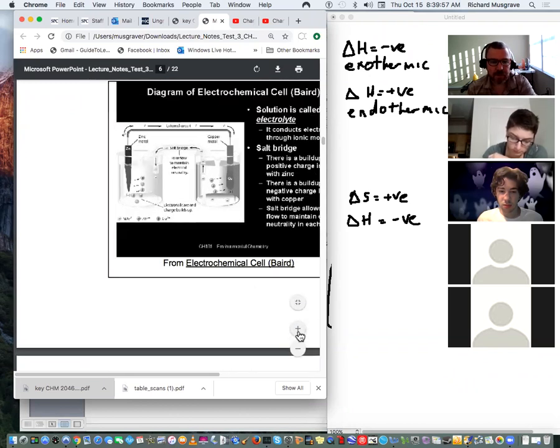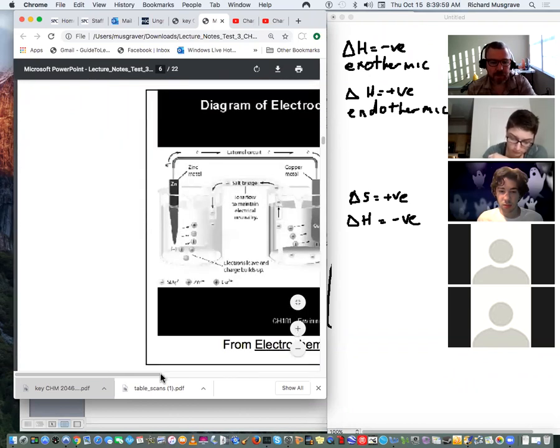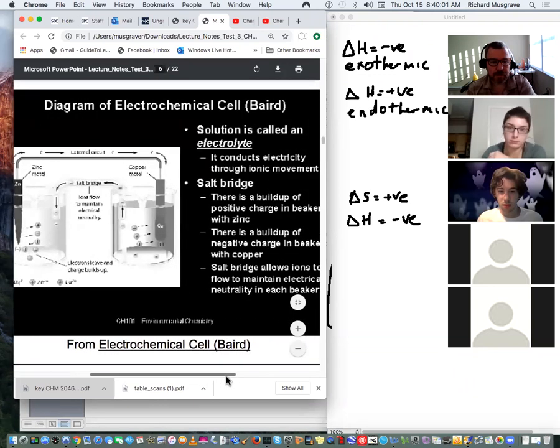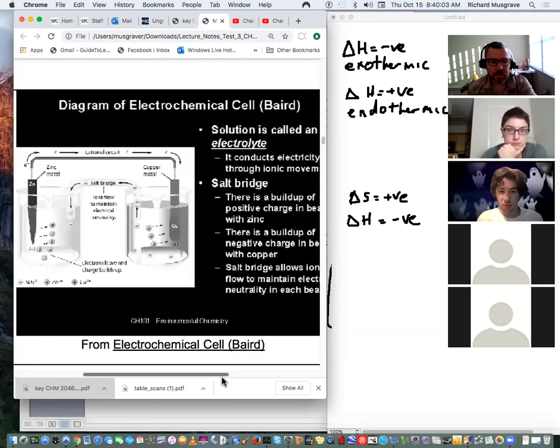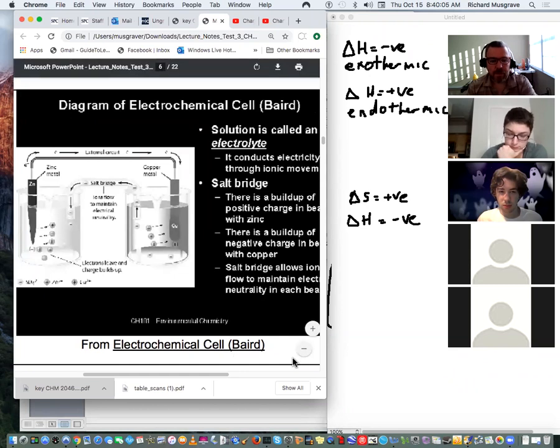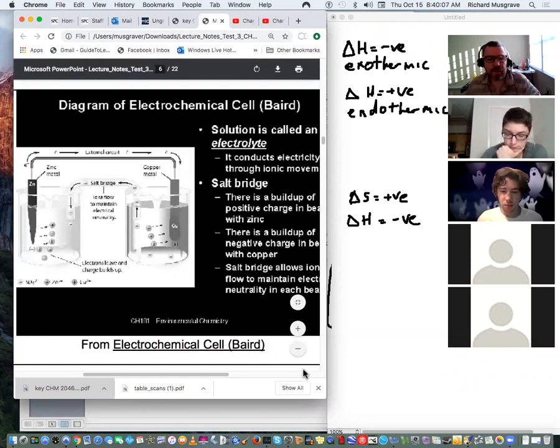Enlarge this a bit. Okay, remember you have access to these diagrams, in color actually, as far as the PowerPoint goes. These are a printable version of the same thing. Not quite as clear, but you can see what I'm getting at here in this diagram.